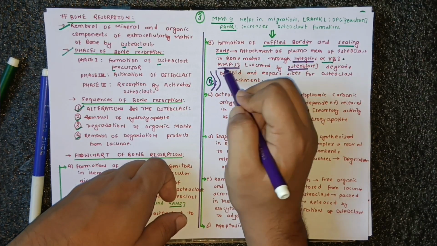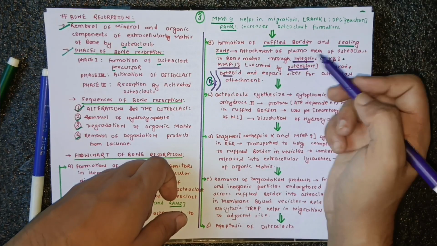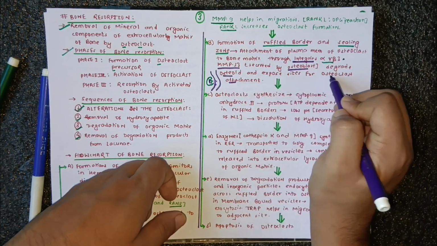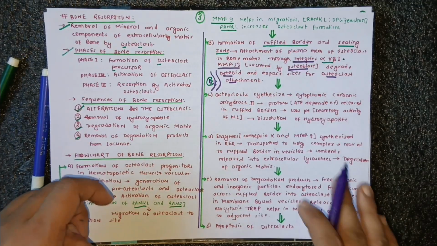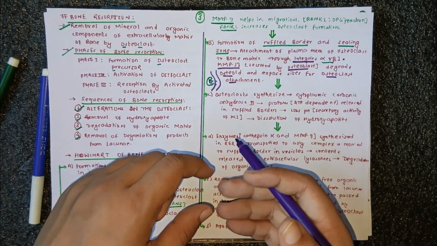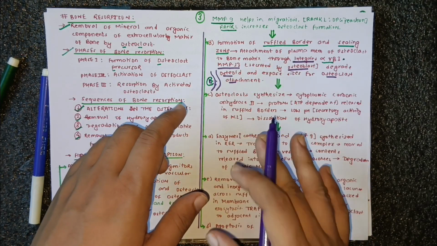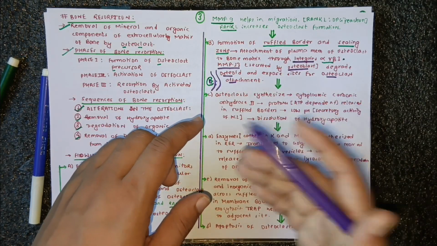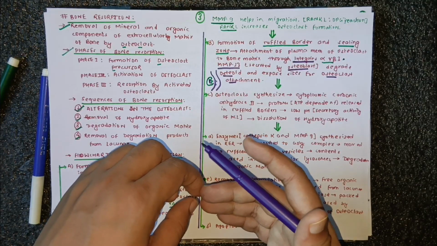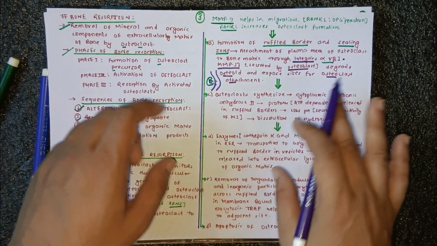At that portion MMP13 degrades the osteoid and facilitates the osteoclast attachment. So in this second point, just remember: the ruffle border is formed, the sealing zone is formed, the plasma membrane of the osteoclast attaches to the bone matrix with the help of integrins, and MMP13 is responsible for degrading the osteoid and facilitating the osteoclast attachment. That is all here.